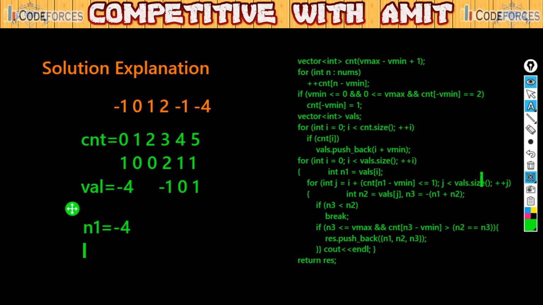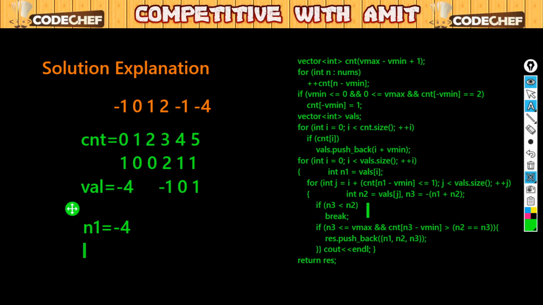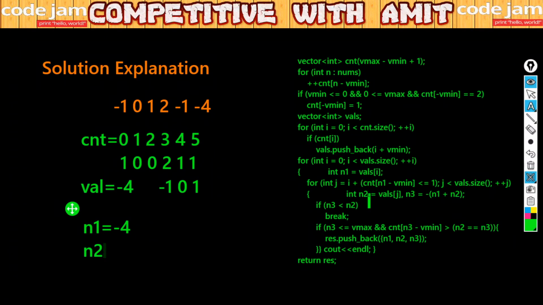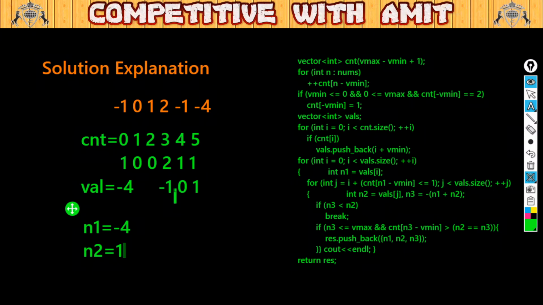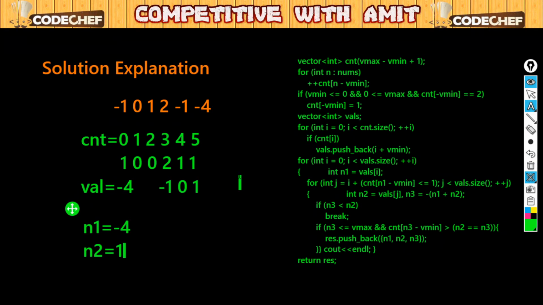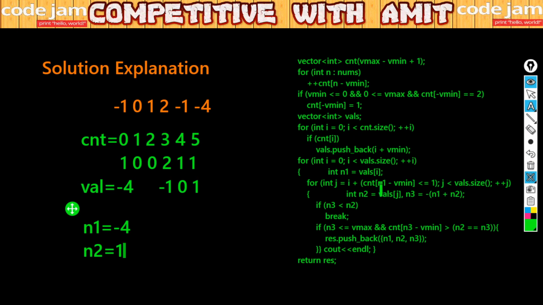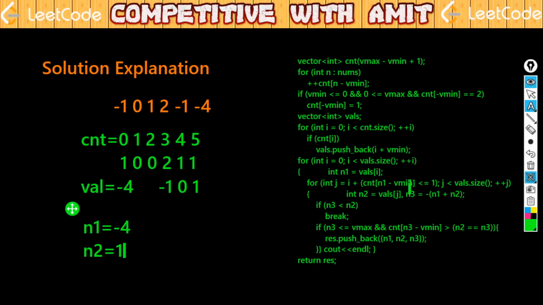Now our second condition will be the val size, the j should not be greater than val size, and we will increment the j. Now we have declared n2 as j's index, so j will initially start from 1. Now when it will start from 2 or 3, it will start from 2 or 3 when there will be values greater than 2, or where the value n1 minus v1 is greater than 1 or not.